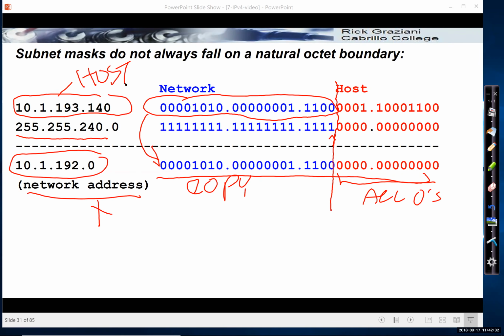We'll play around with this some more in later videos, but I want to make sure you understand that subnet masks don't always fall on a natural octet boundary, and sometimes we have to convert to binary to figure out what network it belongs to. Maybe you're pretty good at doing these in your head, but it's always good to know how it's done.